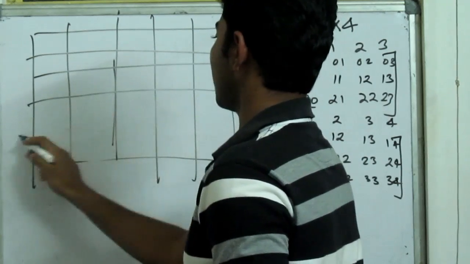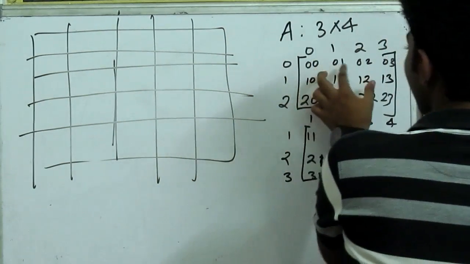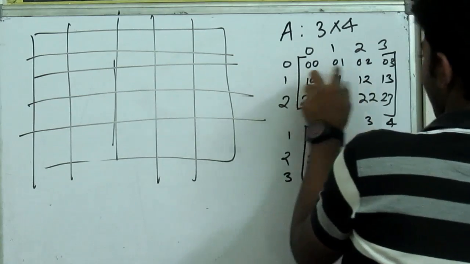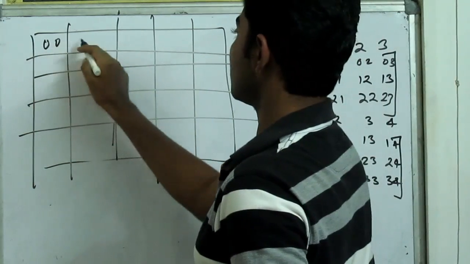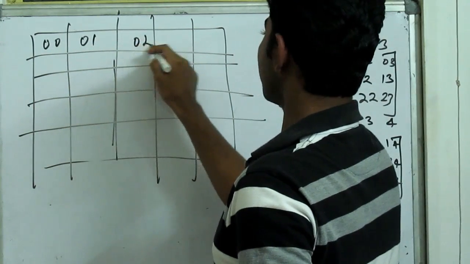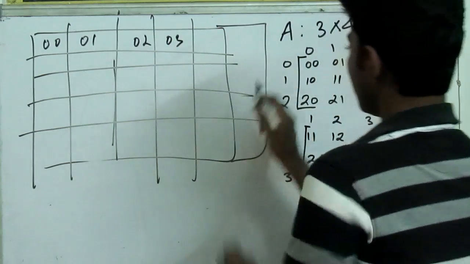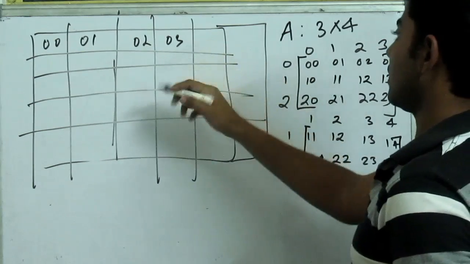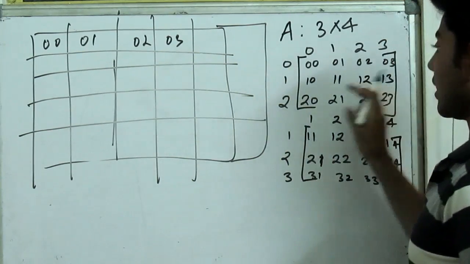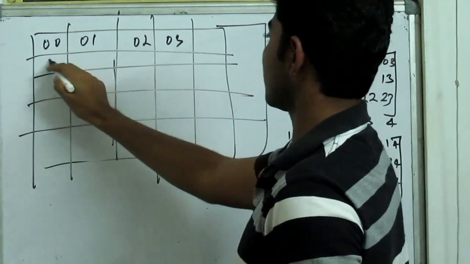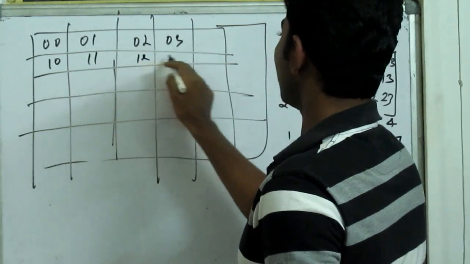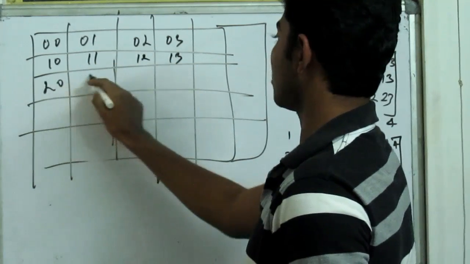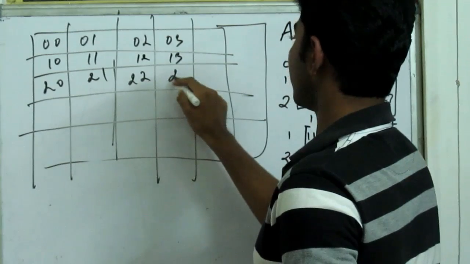If I take this row and put it here, 0 0, 0 1, 0 2, 0 3, maybe some other elements follow, and after that we take the next row and put it in the memory: 1 0, 1 1, 1 2, 1 3, and then 2 0, 2 1, 2 2 and 2 3.